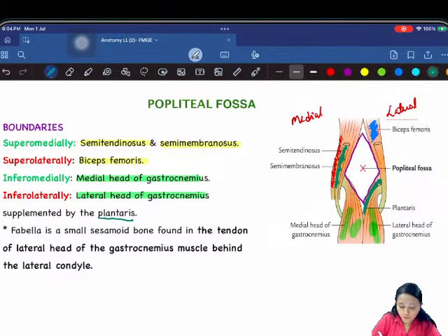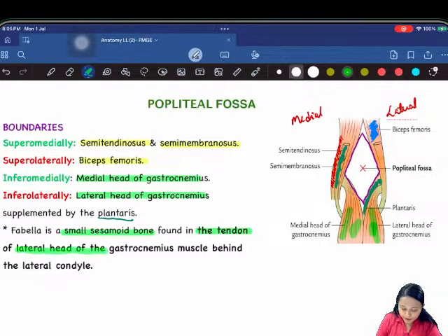Now, what is the fabella, as asked in the question? It is a small sesamoid bone, and you know that a sesamoid bone ossifies in a tendon. This bone ossifies in the tendon of the lateral head of gastrocnemius, and it lies behind the lateral condyle.